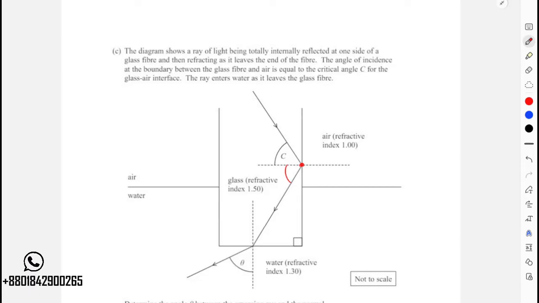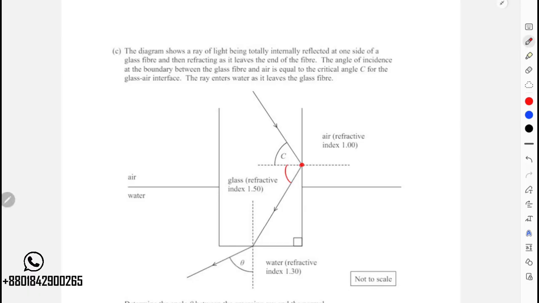Wait, one minute. I can also understand that this C is greater than critical angle, so I can use critical angle. Let me just read the question.